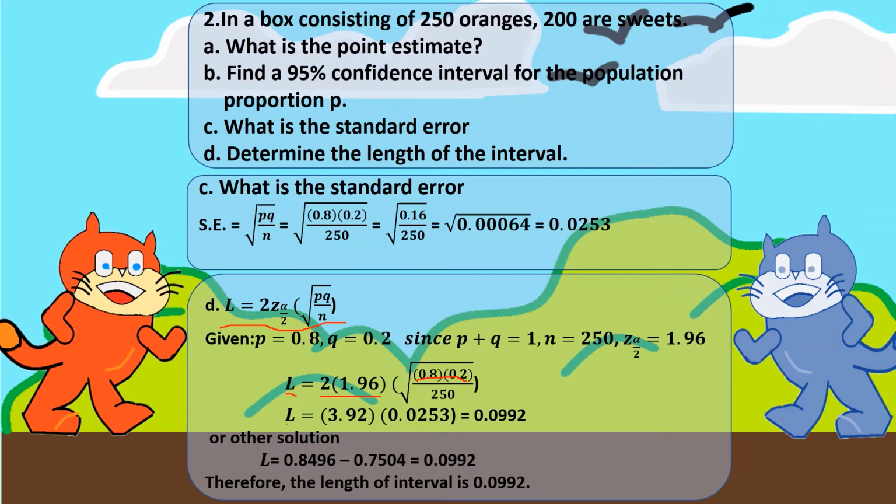So our L is equal to 3.92 times 0.0253, which is equal to 0.0992. Another solution is to subtract the interval based on our answer in letter B: 0.8496 subtracted by 0.7504, the answer is the same, 0.0992. Therefore, the length of interval is 0.0992.